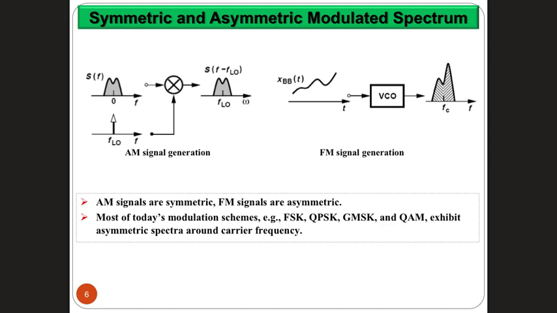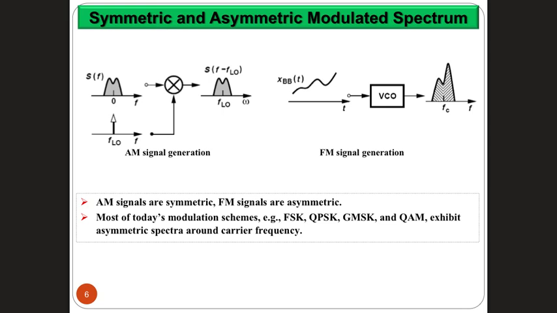And this is a slide that describes the situation that I just mentioned: the fact that we do not always have this nice symmetric spectrum. In many cases, we actually have the asymmetric situation. When we talk about VCOs being used in modulation, this is directly FM modulation, so this talks about the FM signal, as I mentioned earlier.